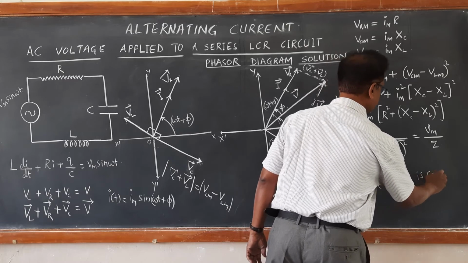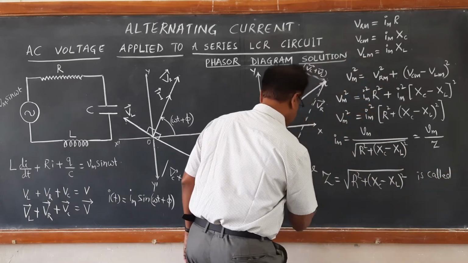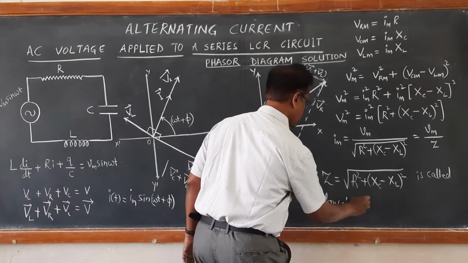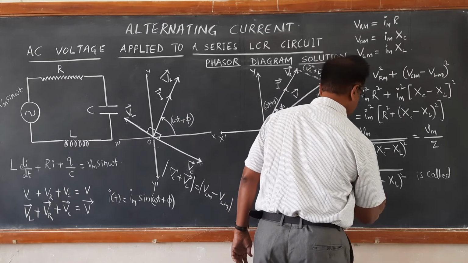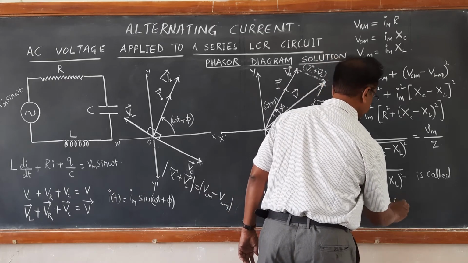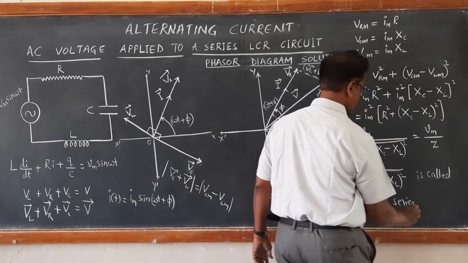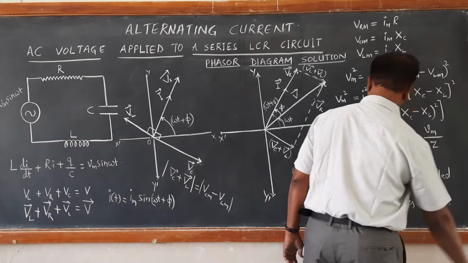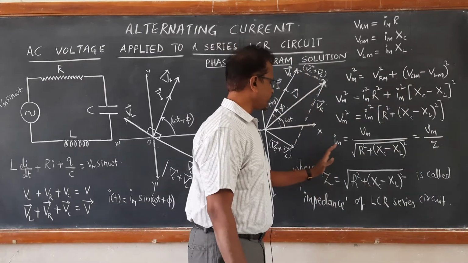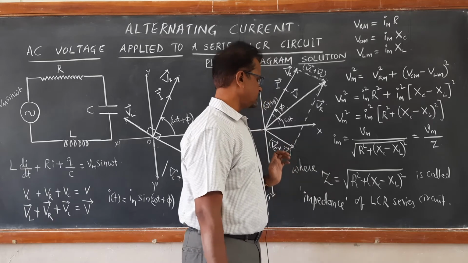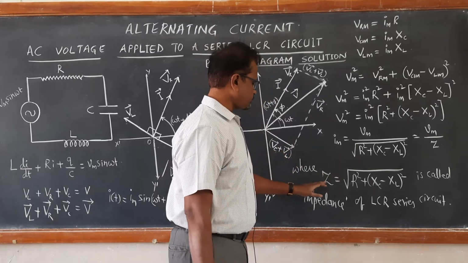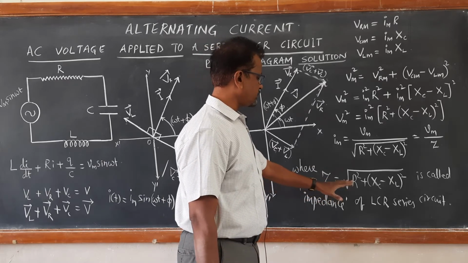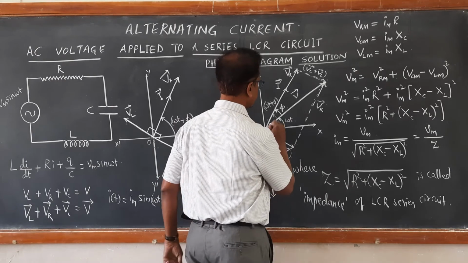This is the impedance of the LCR series AC circuit. So finally we write Im is equal to Vm upon Z. Now we can very easily remember the value of Z as the square root of this by using this right angle triangle.